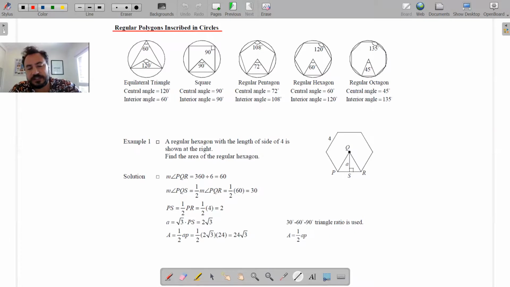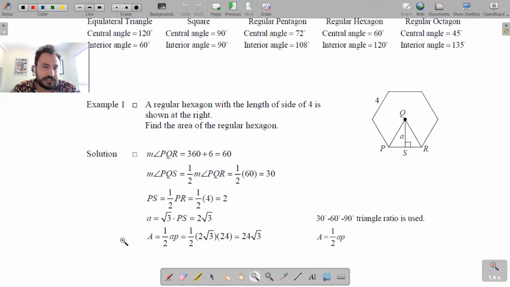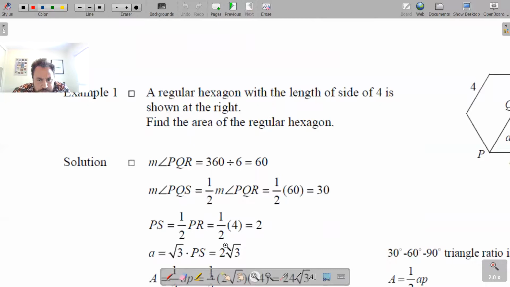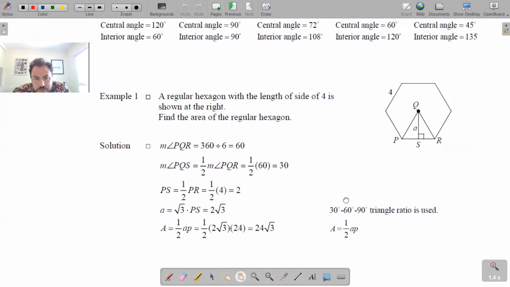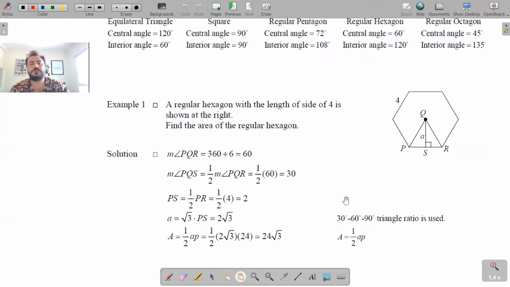So let's look at an example. A regular hexagon with a side length of 4 is shown at the right. Find the area of the regular hexagon. Now, you see what we have here is just this, but this one will correspond to PR.